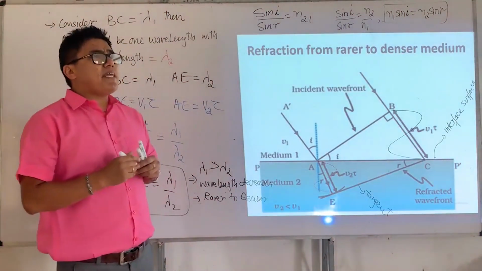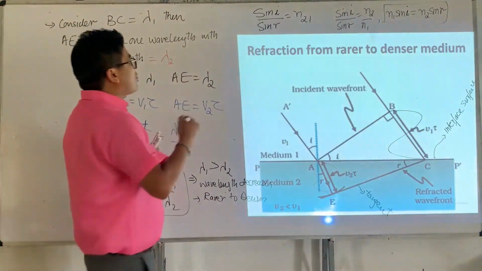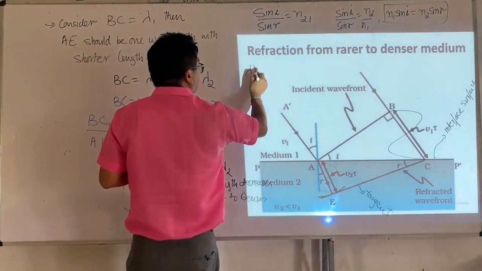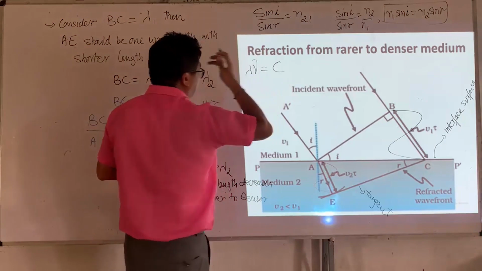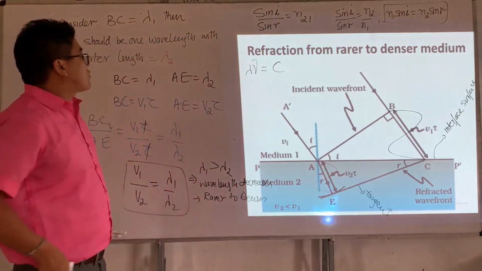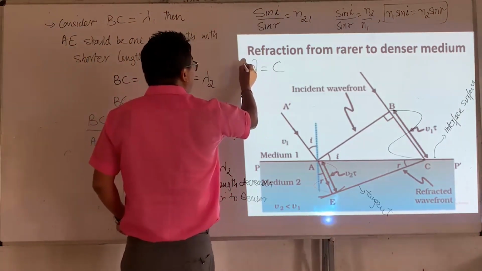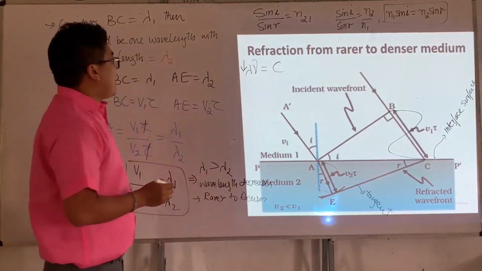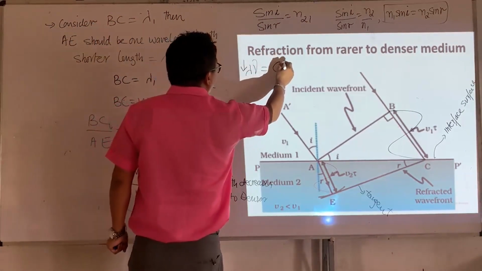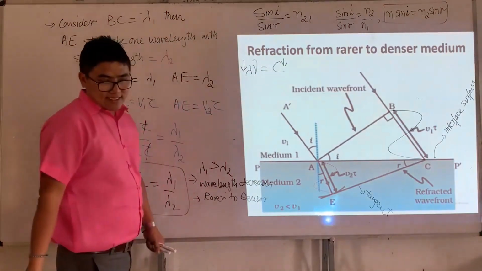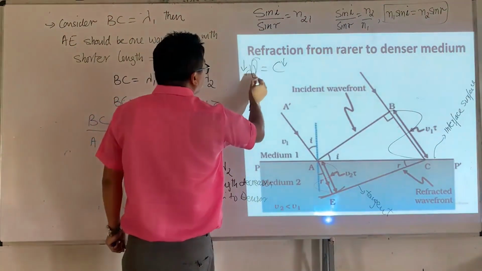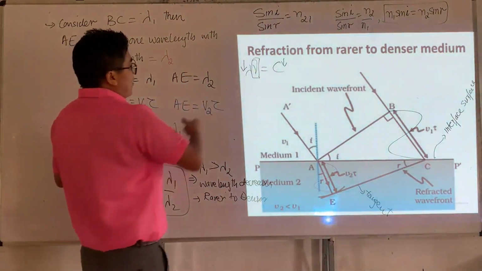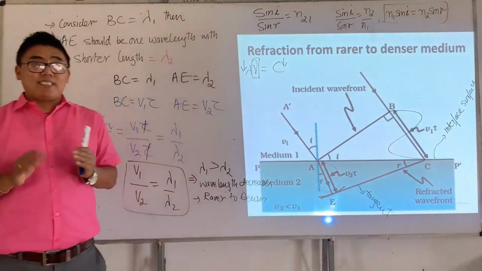However, the frequency will remain the same. Why? Because this is what we did in class 11. If the wavelength decreases, then the speed of light also decreases. Therefore, the ratio remains constant, so frequency doesn't change.